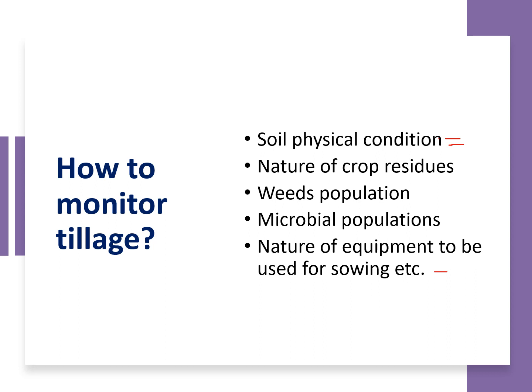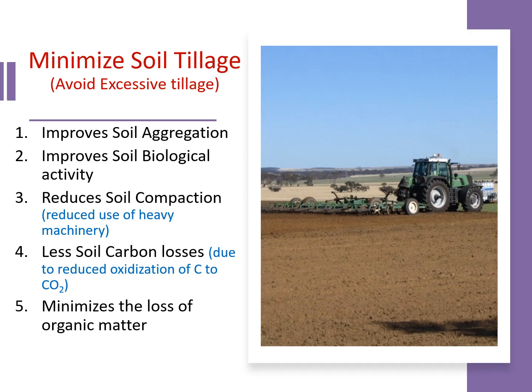But if you have a direct seeding drill, you might not need any kind of soil conditioning or preparation. So in managing, we can minimize the soil tillage. It doesn't mean zero tillage. It means we have to reduce the excessive tillage, avoid excessive tillage. So in this way, we can manage.